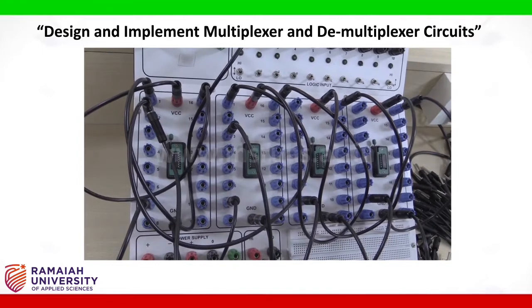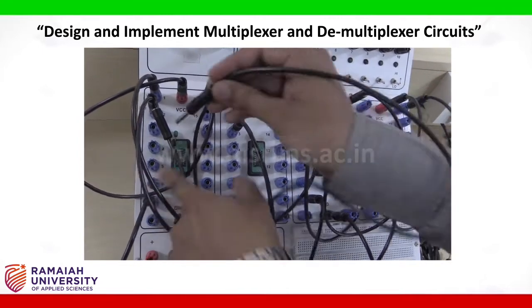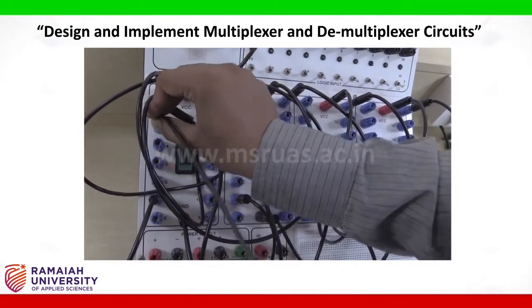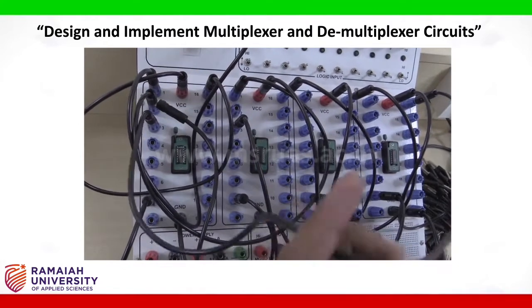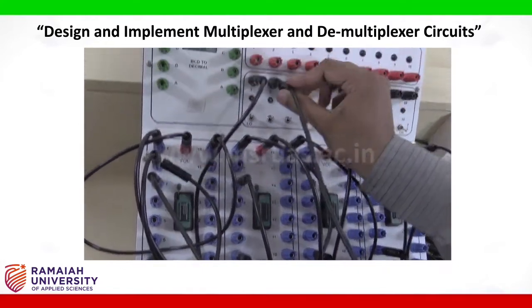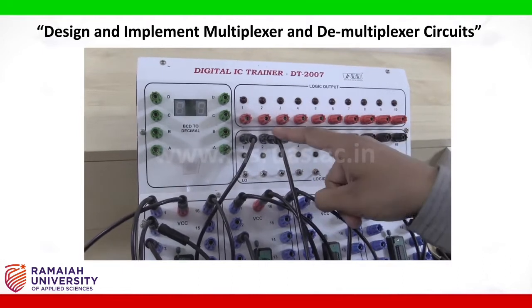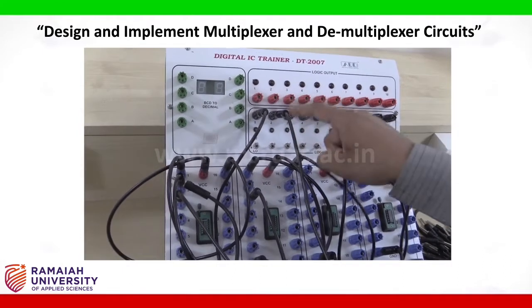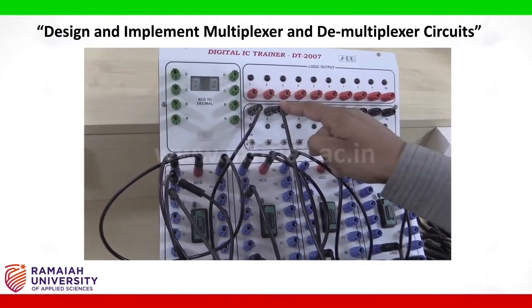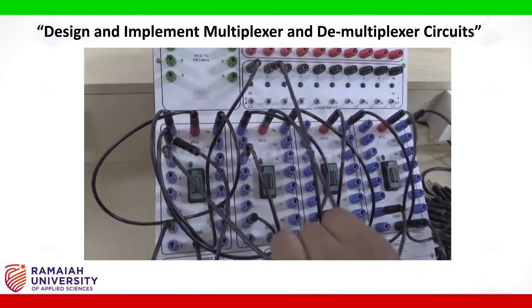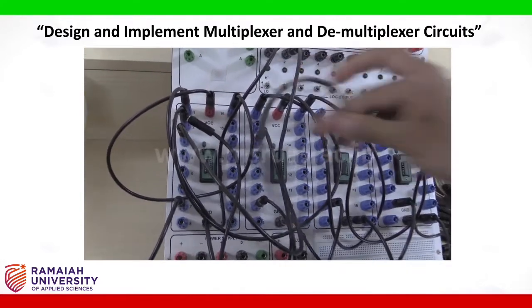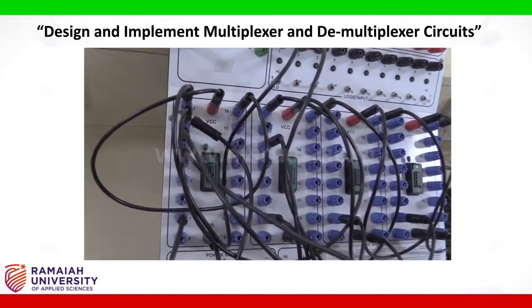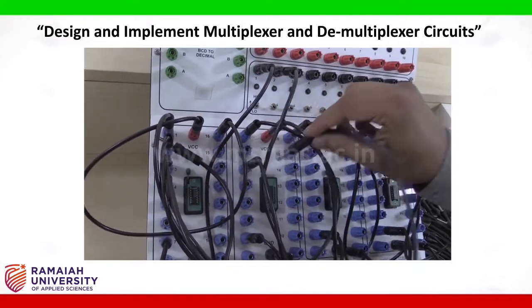Then pin number 3 of the NOT gate is connected as one more input, that is select line S0. This one is S1, this one is S0. These are 2 select lines to choose the proper input. And pin number 4 of the NOT gate is connected to pin number 2 of the AND gate.